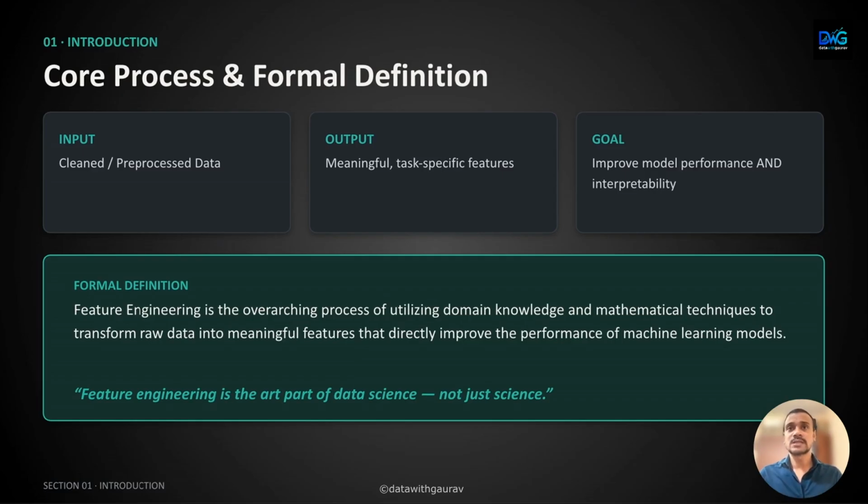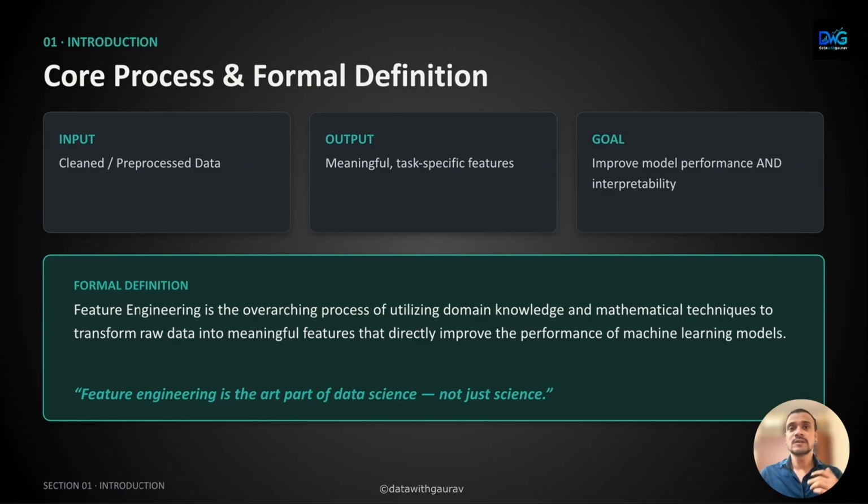The process is quite straightforward. We start with clean and pre-processed data as the input. The goal is to transform the data into meaningful task specific features that a machine learning model can learn from. In other words, the output of feature engineering is not more data, it's better data, quality data.